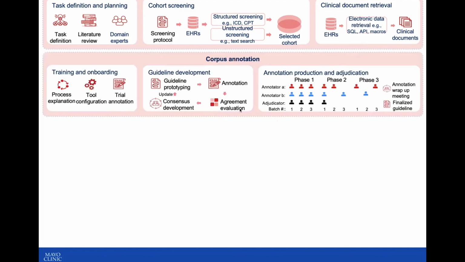Then during corpus annotation, which is the process of establishing a gold standard data set, it is important to ensure the quality of the corpus, meaning the agreement between multiple annotators needs to be valid and reliable in order to move forward to the development effort.